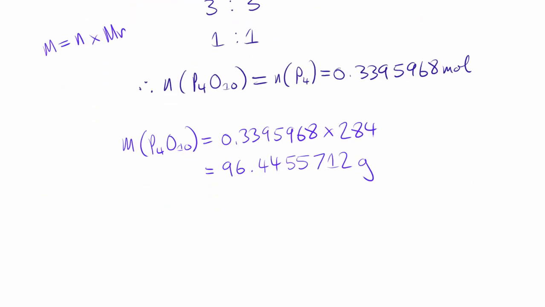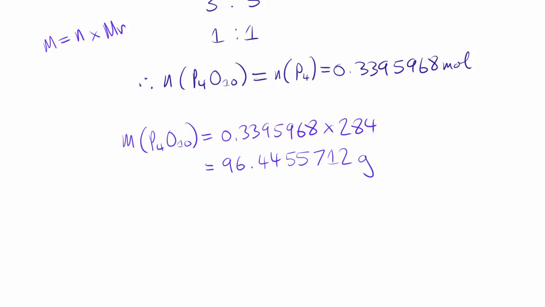So we do need to make sure that this is in that format. What we're going to do at this stage is say that's therefore equal to 96.45, and that's going to be in grams, to 2 decimal places.